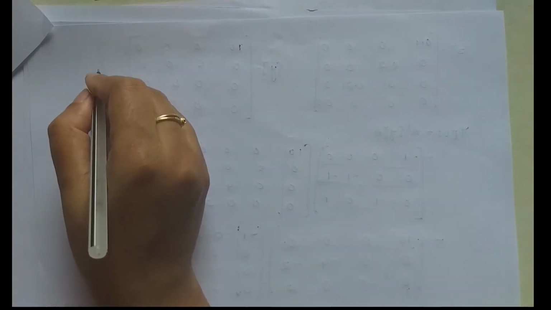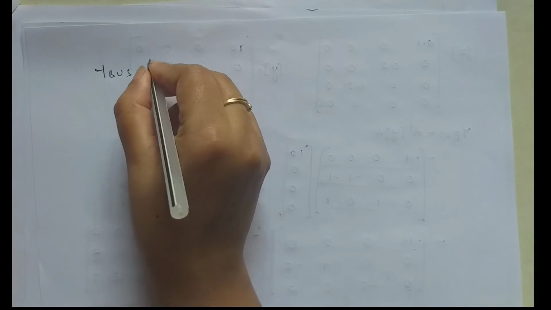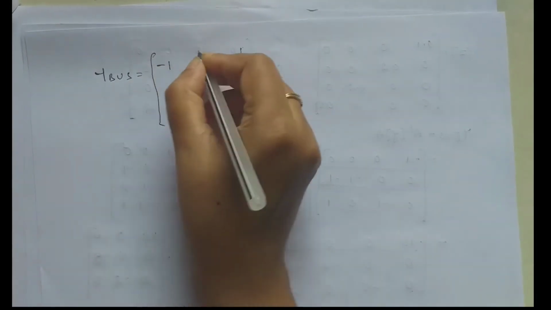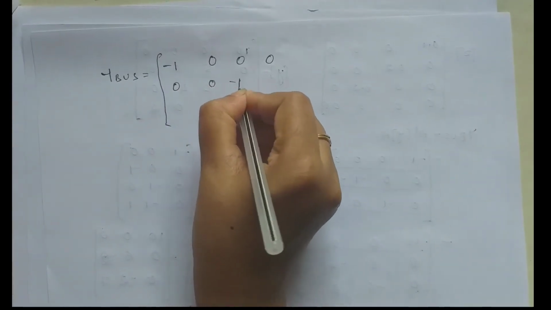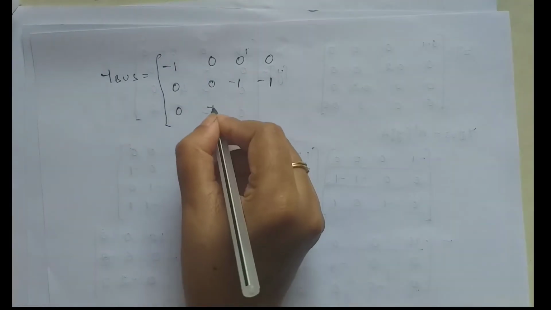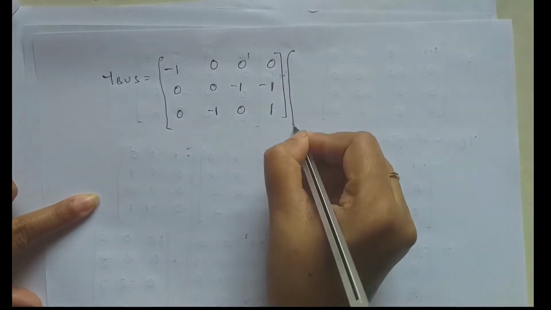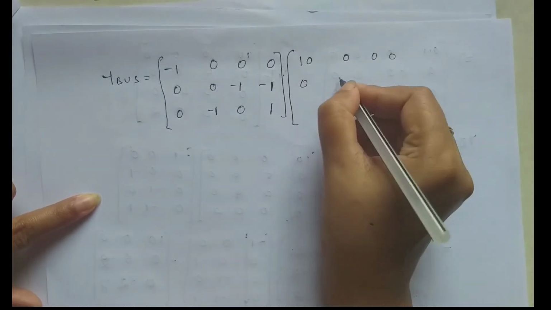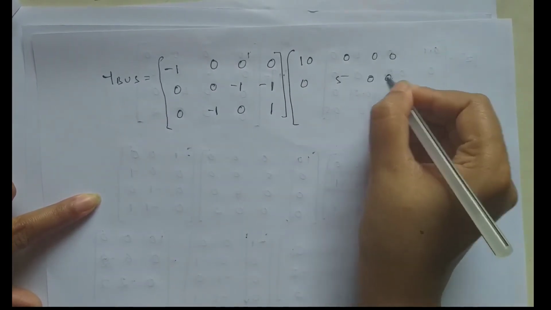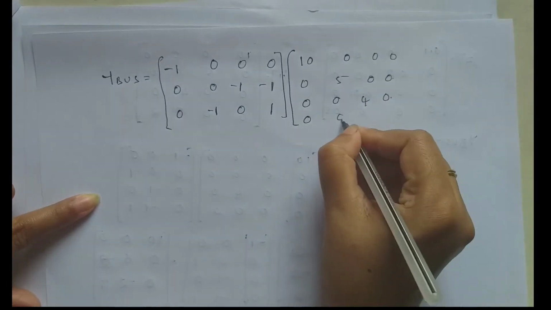A transpose is -1, 0, 0, 0, 0, 0, -1, -1, 0, -1, 0, 1. Y is 10, 0, 0, 0, 0, 5, 0, 0, 0, 0, 4, 0, 0, 0, 0, 2.